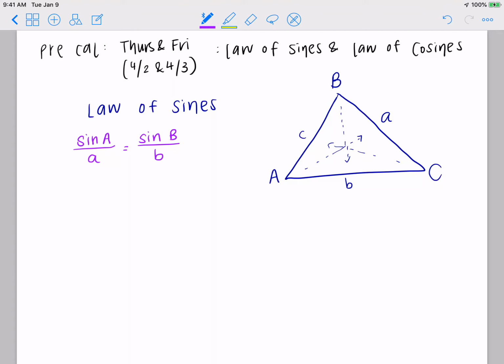So I can write another comparison. If you have sine C and sine A, then right under it, it should be c and a. Might as well write the last one. If I have sine B over b, then it would be sine C over small c.